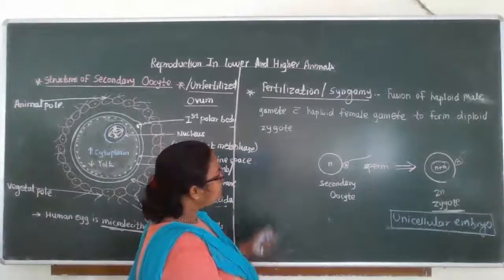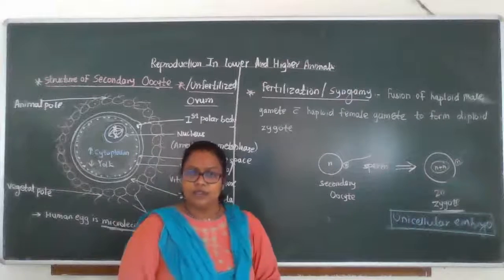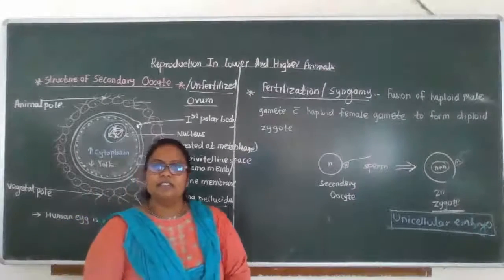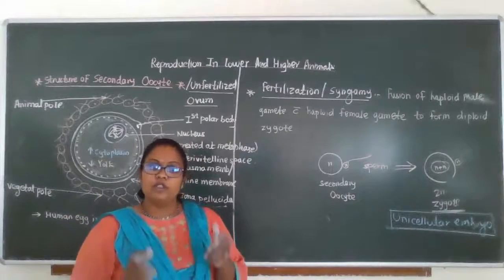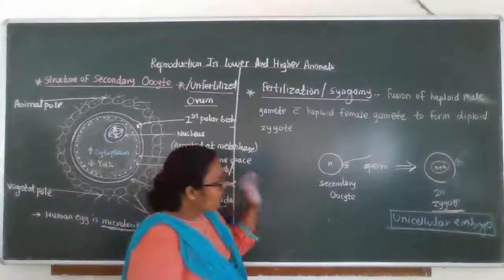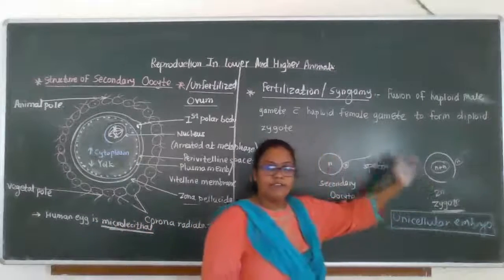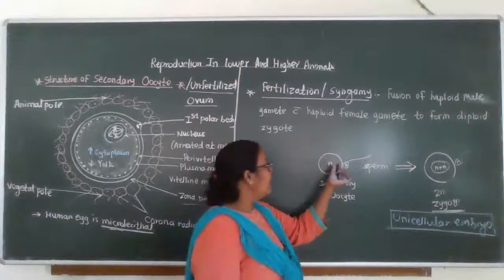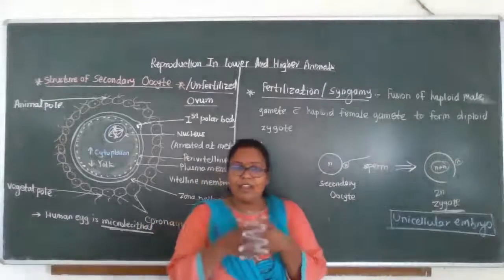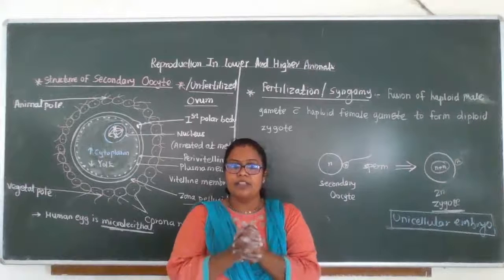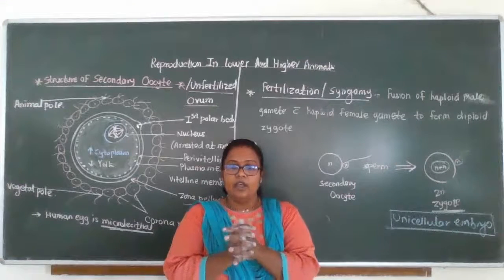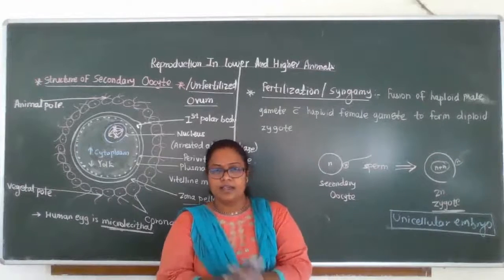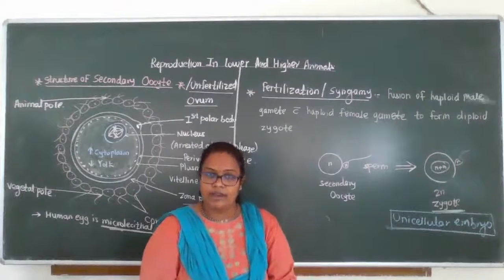Then the other name: it is also called amphimixis. Why is it named amphimixis? Because there is an intermingling of the chromosomes. When the zygote gets formed, the maternal and paternal chromosomes intermingle with each other, so that the diploid set is formed.